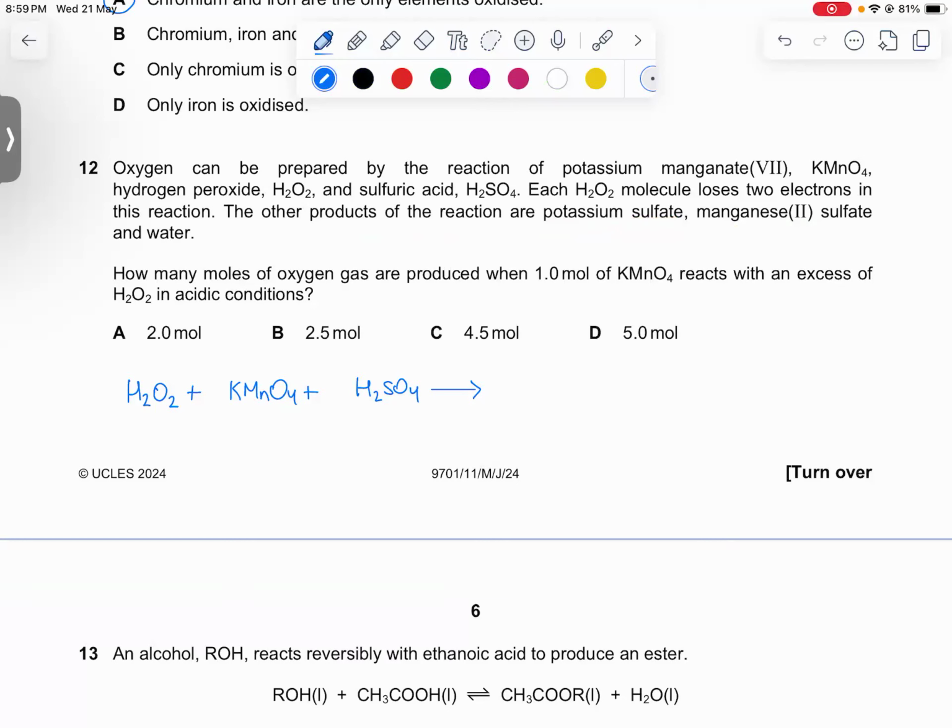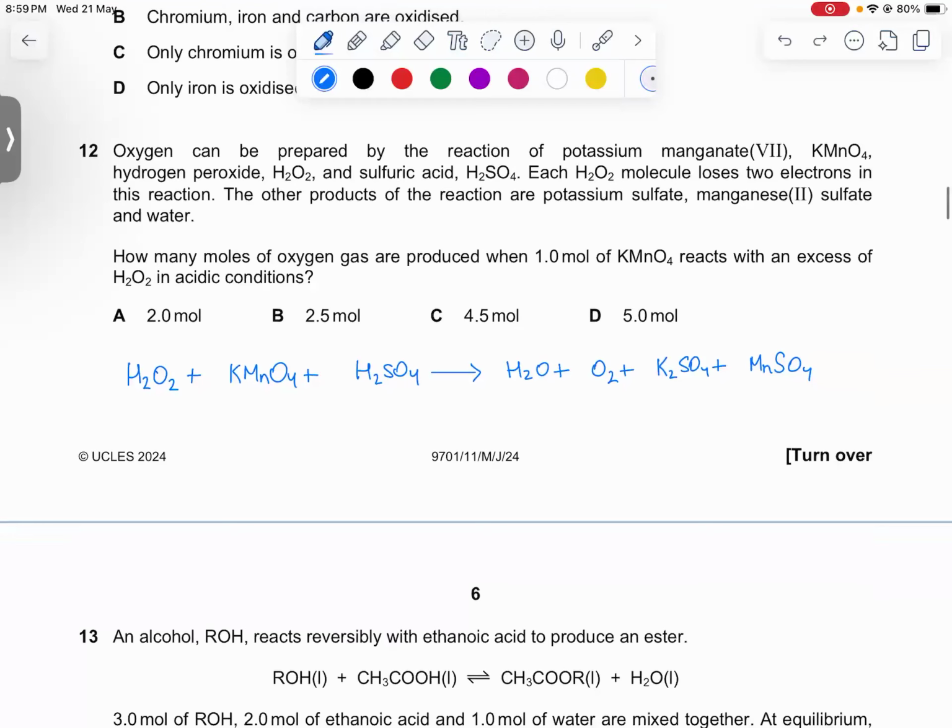So we can say that water is prepared, oxygen is prepared, potassium sulfate, K2SO4, is prepared, and manganese(II) sulfate, MnSO4, because manganese has a +2 charge now.